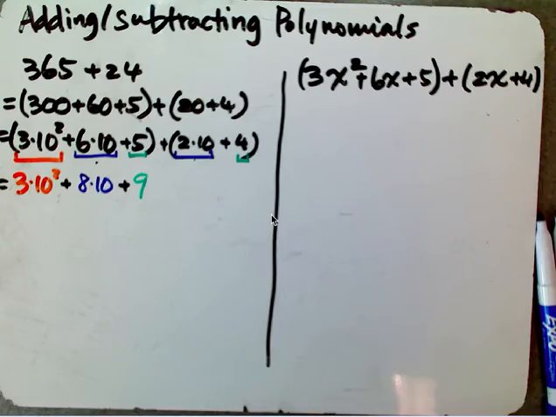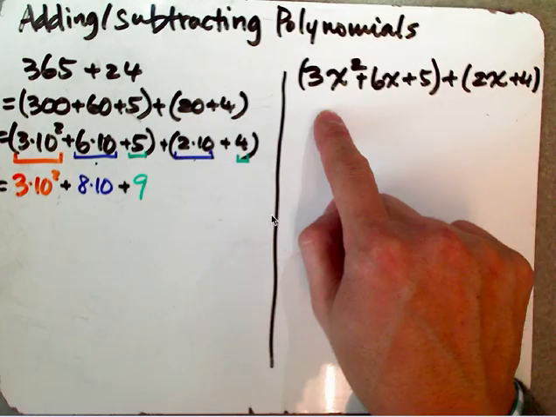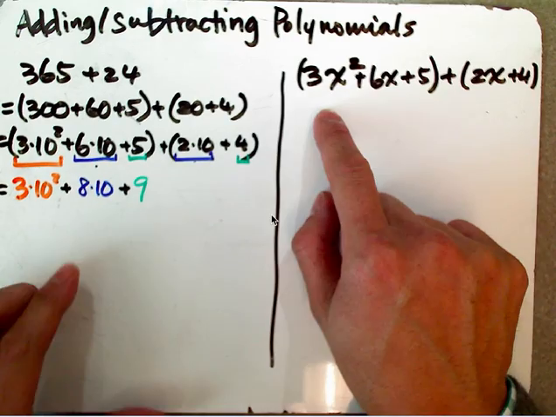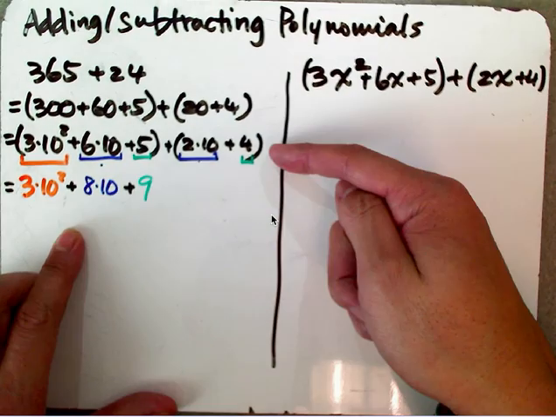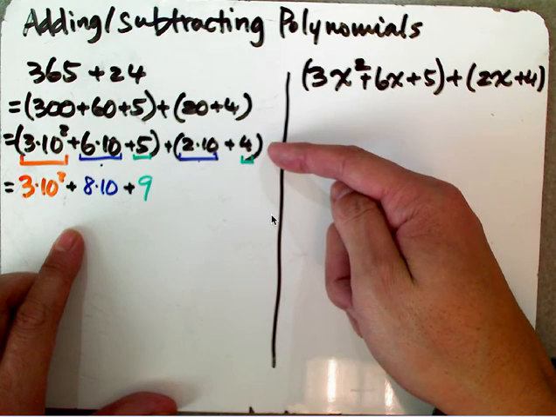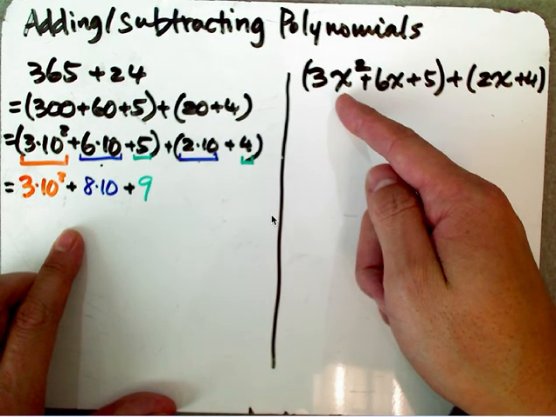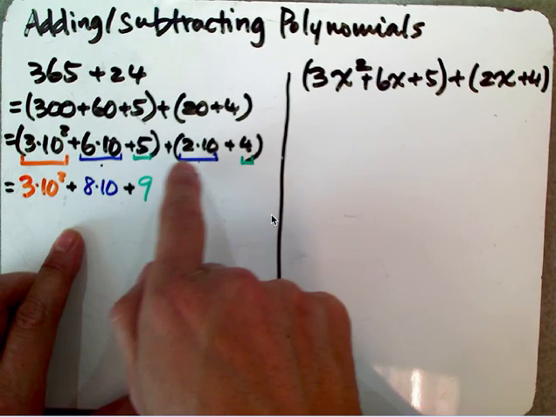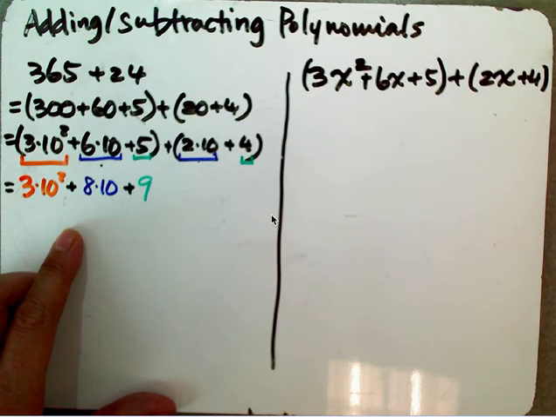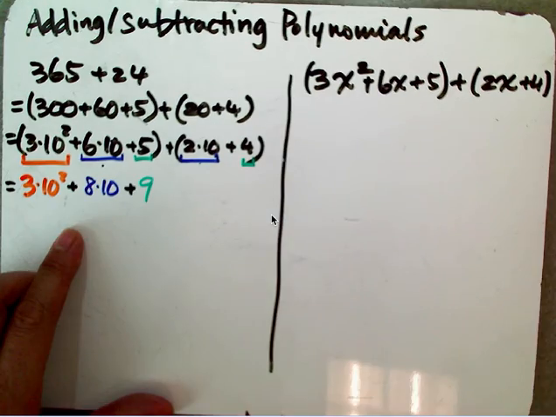So now let's look at this problem, right? The only difference between this guy and this guy is we have x in this problem instead of 10. See that? Otherwise, the structure is pretty much the same. So we're going to be able to do the same thing since the structure is the same.